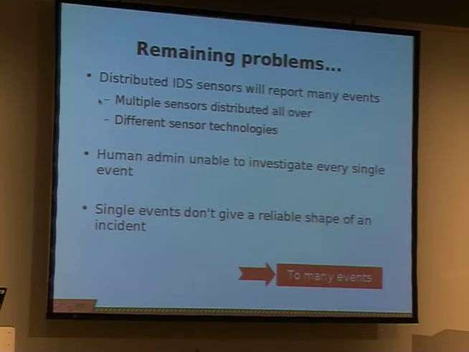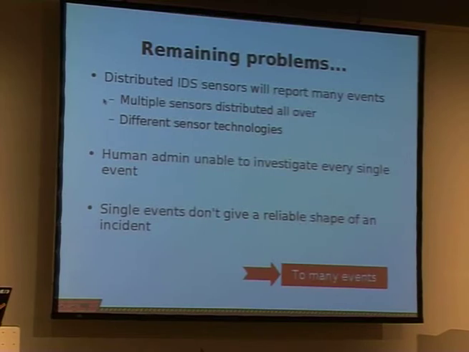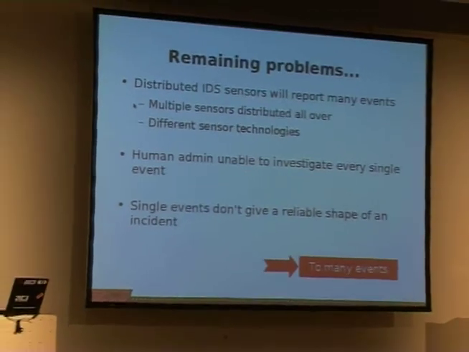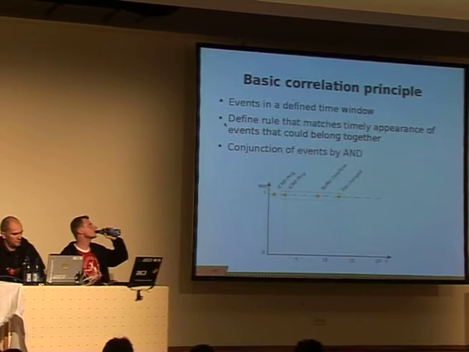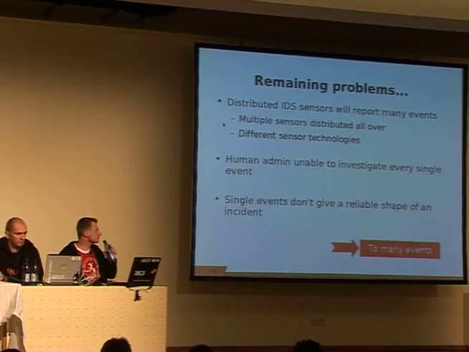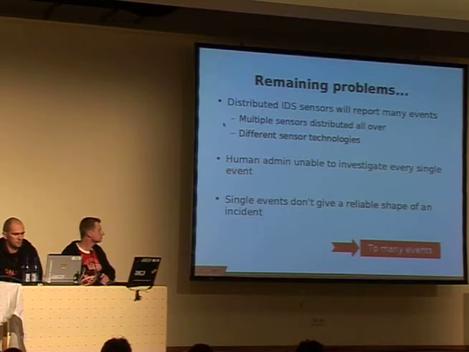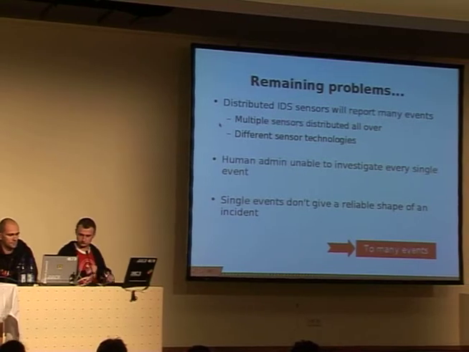Okay, so now we actually solved somehow the 3 design principles we were aiming for, and are we happy now? Actually, no, since you will have multiple sensors employing very different sensor technologies, and those sensors will generate many, many events.